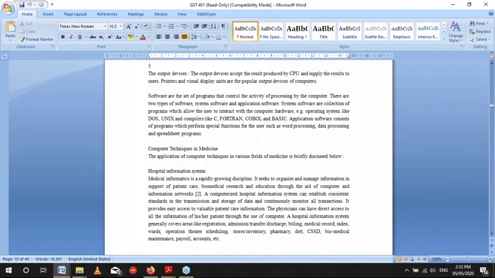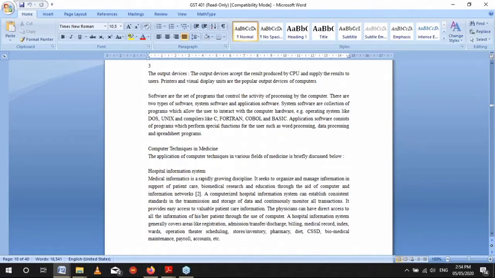These areas I'm treating with you this afternoon are very important for you as 400 level students. You need to understand this area very well, even though you are not a computer technologist or expert, and even though you are not going to do the practical aspect of it.